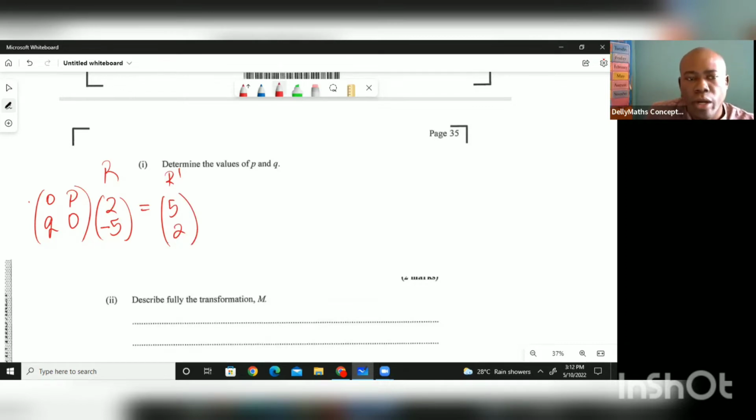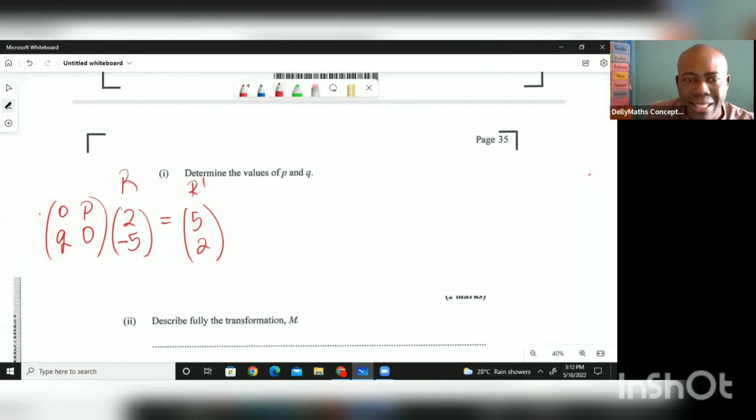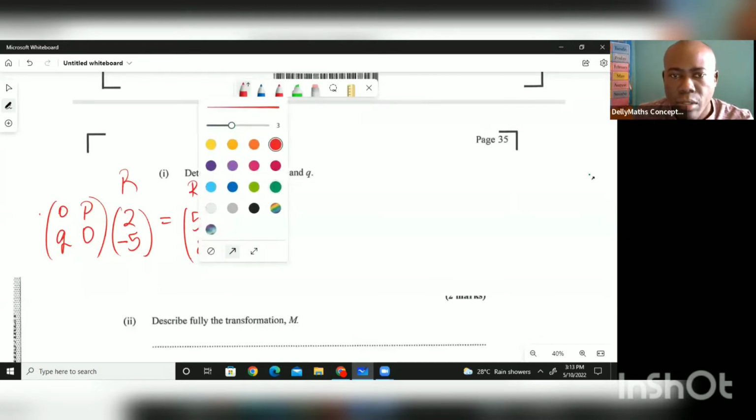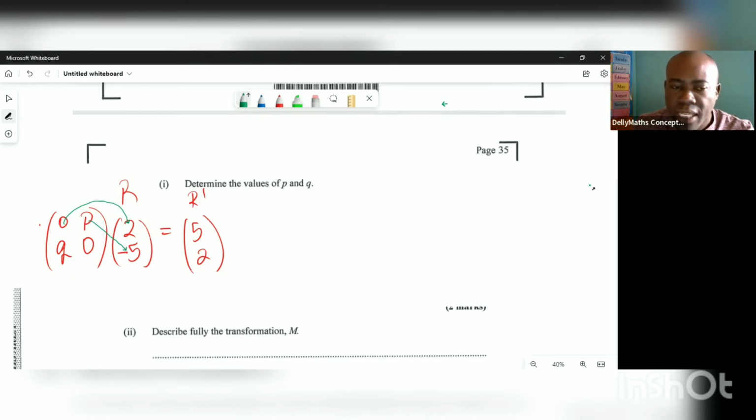Then what we want to do is employ our multiplication. If I multiply the matrices, how do I come up with this? Let's go through our row by column. We could definitely see that we'd have 0 times 2 plus P times -5, and we need that to give +5.